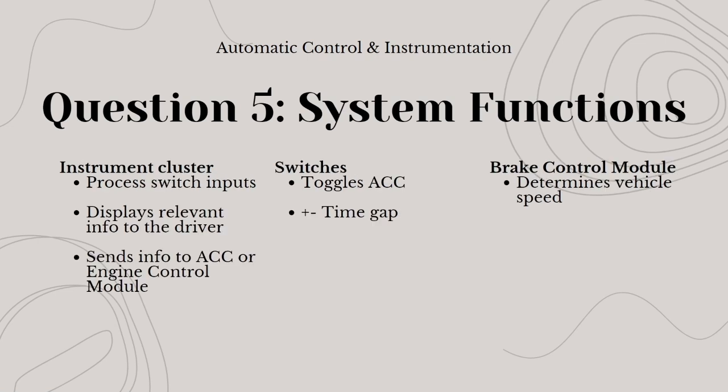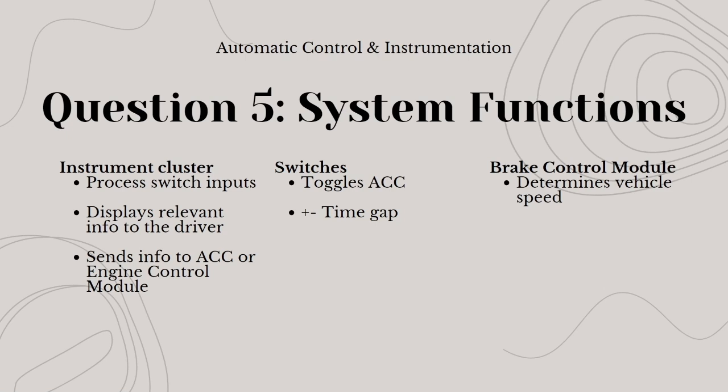Now we also have the instrument cluster. The instrument cluster is basically the dash you see in front of the driver's steering wheel. What it does mainly is it processes switch inputs from the cruise switches. It displays relevant information to the driver, like the speedometer and everything there.